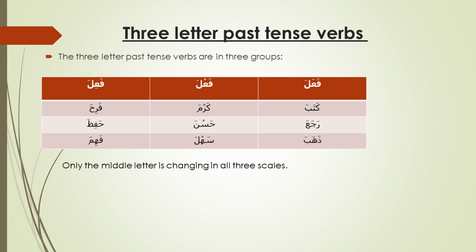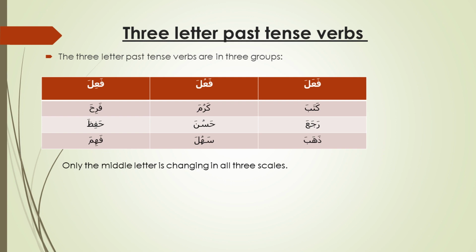So here the ain takes a fatha, so every middle letter will take a fatha. Here the ain takes a dhamma, so every middle letter will take a dhamma. The first and the last will take a fatha. And here, every middle letter will take a kasra. Okay? So the scales are fa'ala, fa'ula, fa'ila.